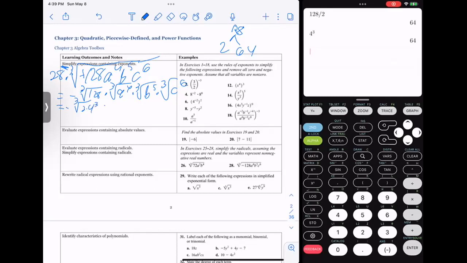We can rewrite, and it wants it in containing exponents. I can rewrite this a to the 4th. Cube root of a to the 4th is a to the 4/3.